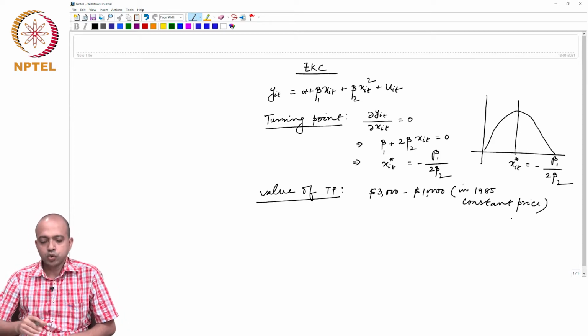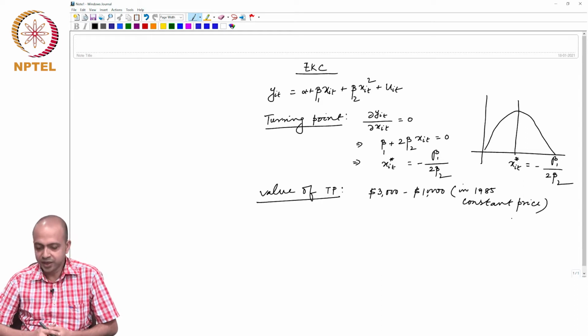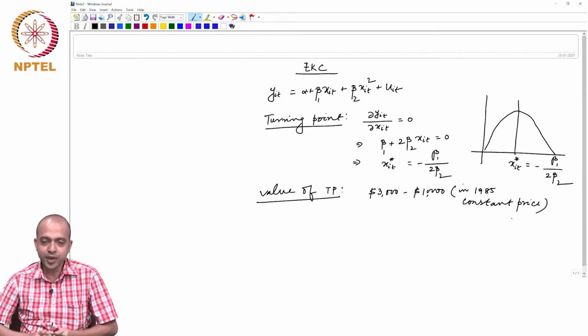Okay. So, it varies from 3000 to 10,000 USD. That is what the empirical literature found, depending on which particular pollutant you consider, depending on what type of country you considered, depending on your time frame, and so on and so forth, right.